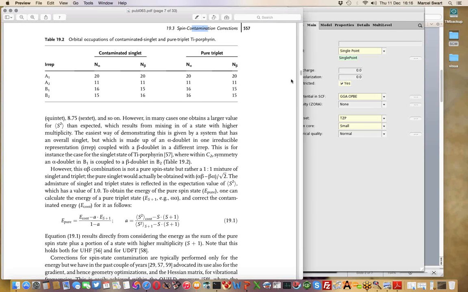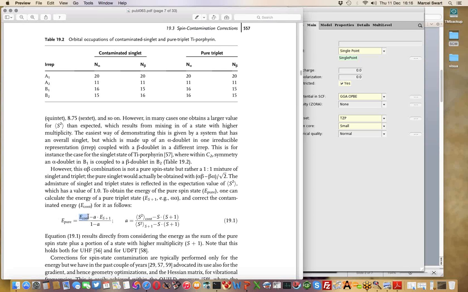Because if you look here, we compare the numbers for these two different states, so the contaminated singlet and the pure triplet. The only difference is that in the pure triplet, you have an alpha electron extra as well in the B2. So the one electron goes from the beta into the alpha. And of course, by using this phenomenon, you can actually obtain the pure energy.